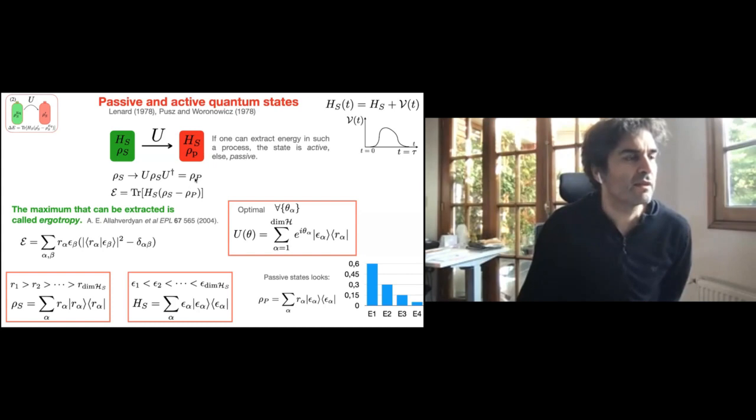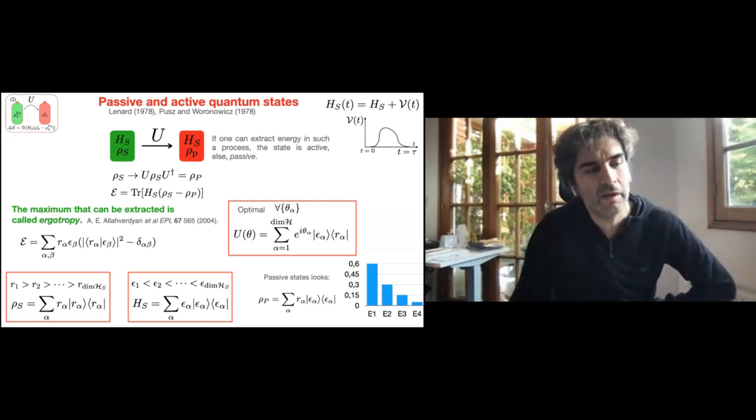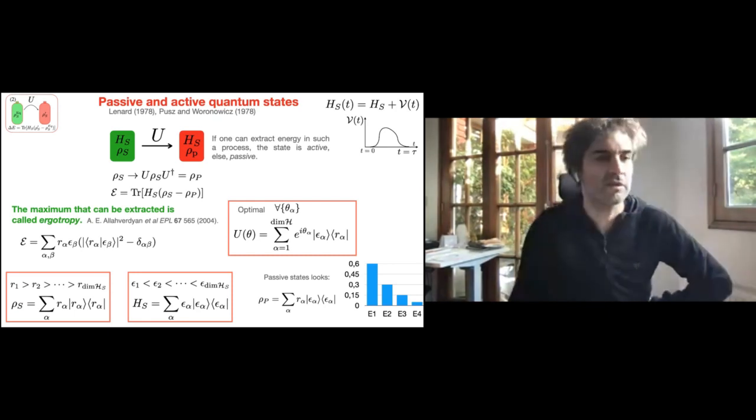And the passive state that you get after you extract the ergotropy is given by the populations of the initial state, because a unitary operation does not change the eigenvalues of the state, and they are ordered in a decreasing way with the increasing energy.